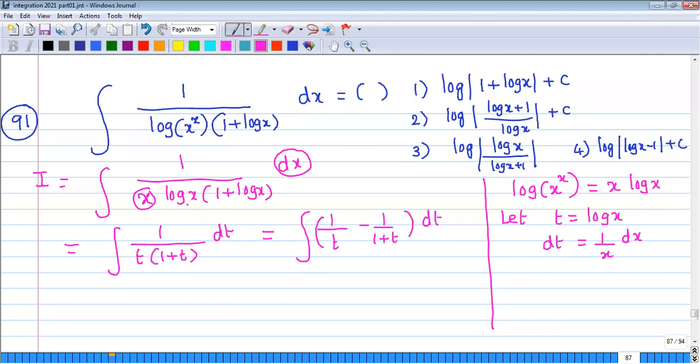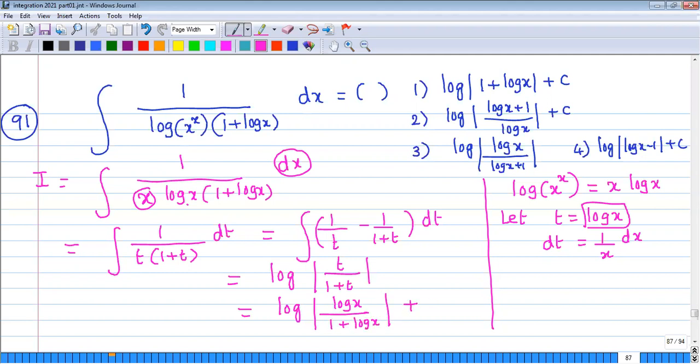Log t minus log of (1 plus t) is log of mod t by (1 plus t). T stands for log x. So log of mod log x upon (1 plus log x) plus constant of integration. Okay, is it clear?